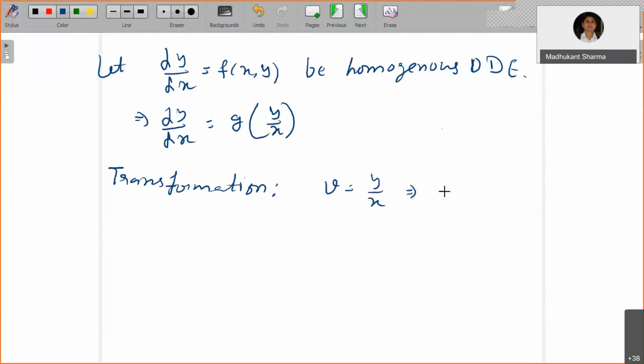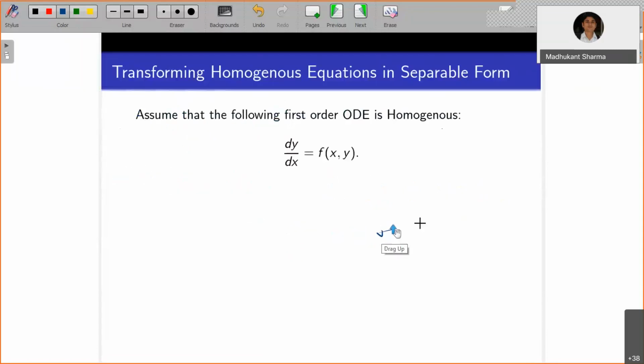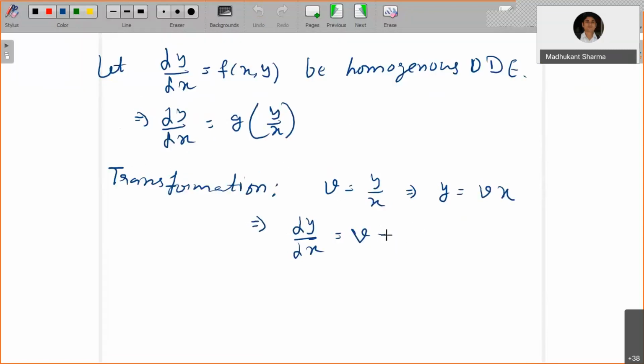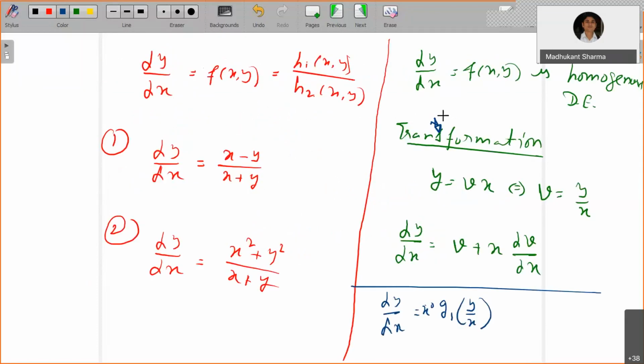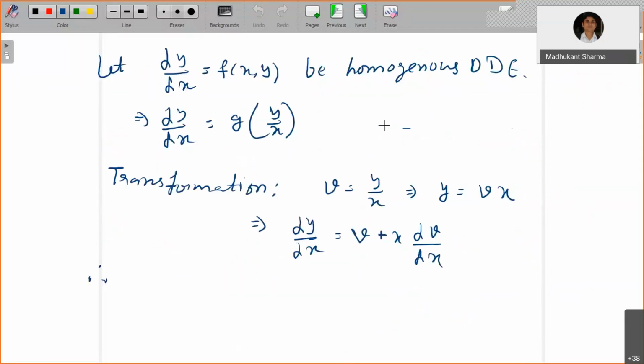So this gives you y equals vx, and this implies dy by dx should be replaced by v plus x times dv by dx. Call this equation 1.